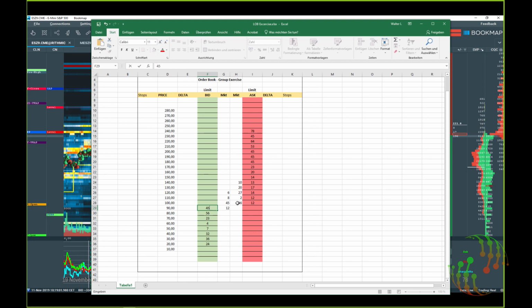My intention is, because I have bought 1890, to get higher prices. So if I'm in the position to play with those orders around here, then I can cancel everything on the offer side and add to the bid side, and that indicates I have less resistance here than here.